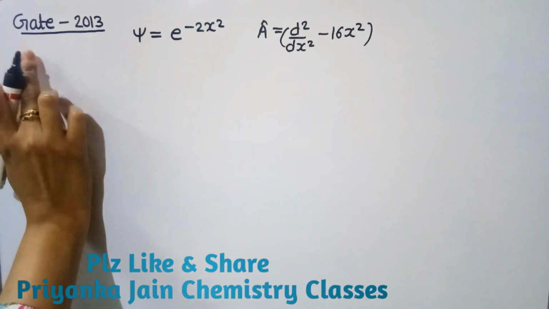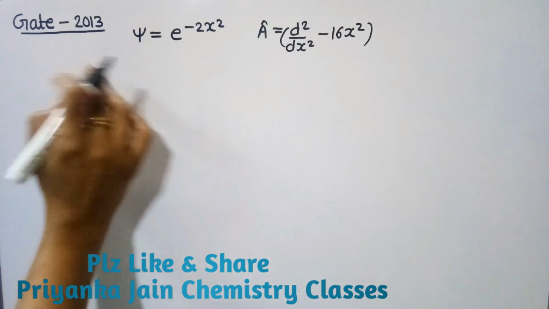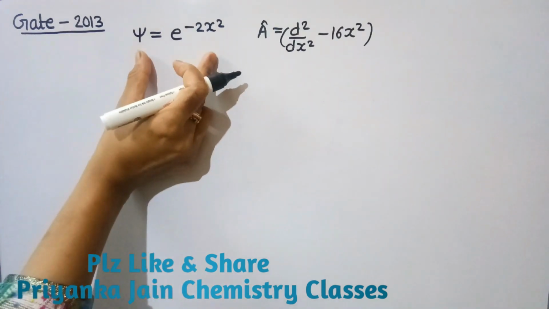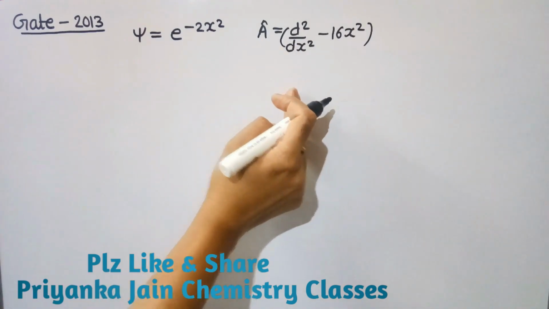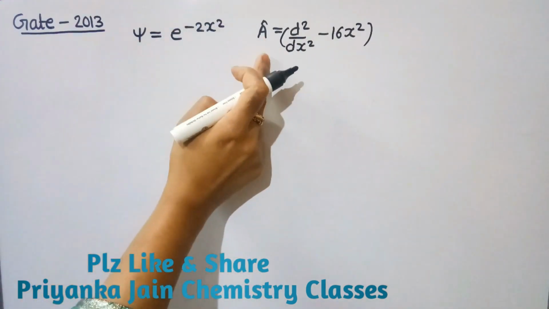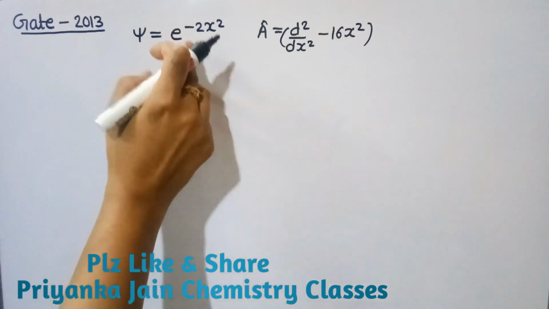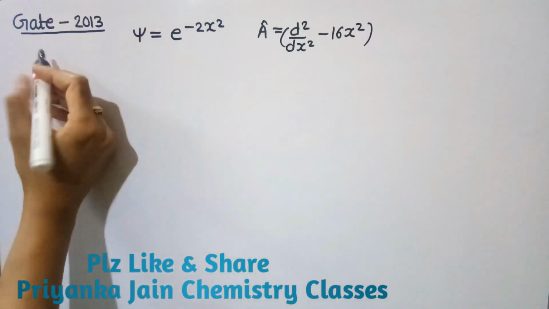Now see this question from GATE 2013. Here we are given that this is the eigenfunction of this operator and we have to find the eigenvalue. For this we have to apply this operator on this function and then see the result.